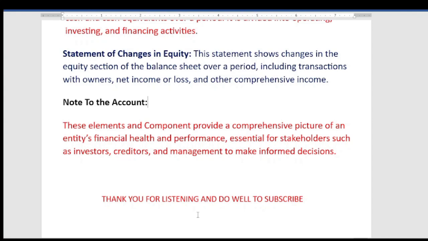I'm just giving you a trick in which you can use to differentiate the two. Now, the components are standing on their own. Elements don't stand on their own in the financial statements. Components stand on their own, right? So just take that, and the two must work together to give you a comprehensive picture of an entity's financial health and performance.